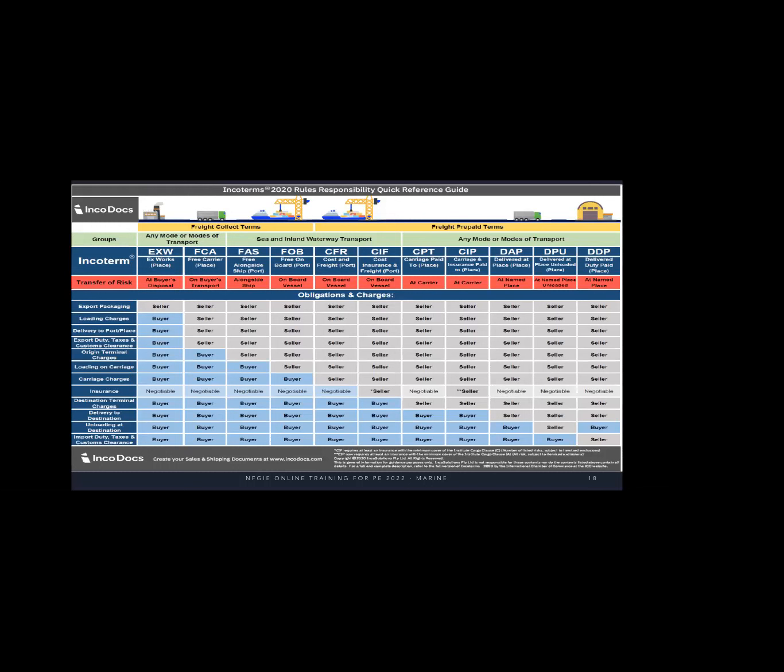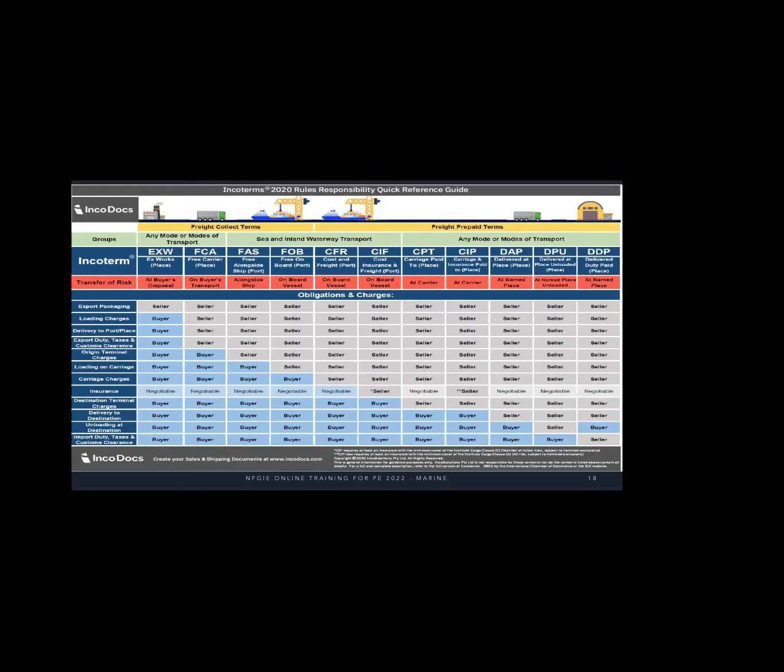So in these groups, you will notice that in the second line, it is mentioning either any mode of transport or sea and inland waterway transport. You will notice that out of the 11 Incoterms, only 4 Incoterms are specifically and exclusively used for sea and inland waterway transport.